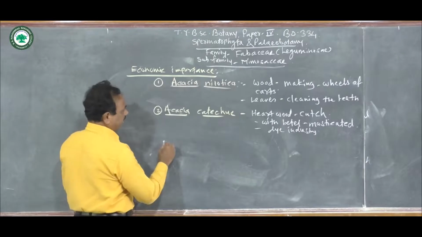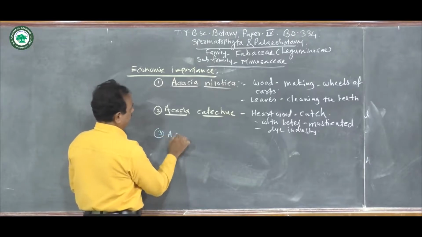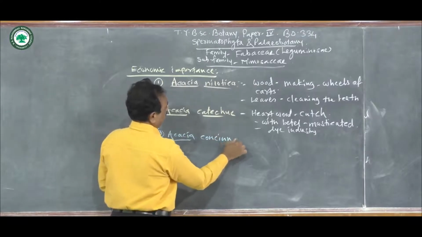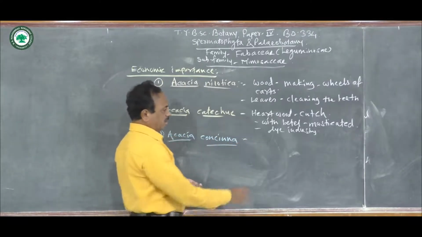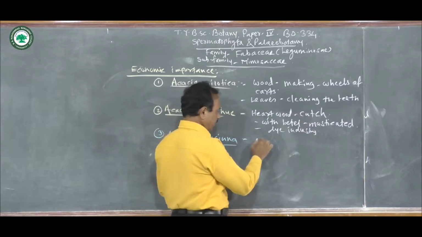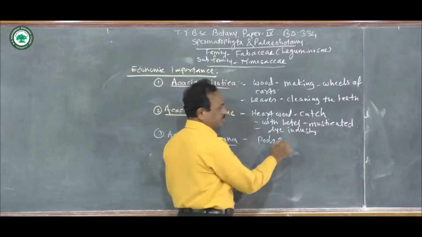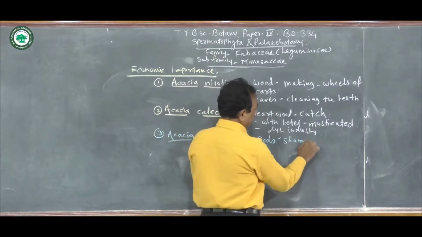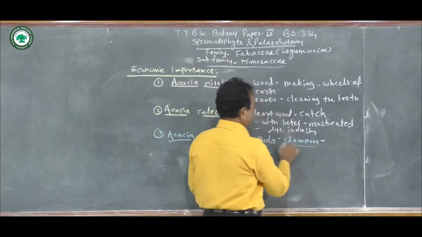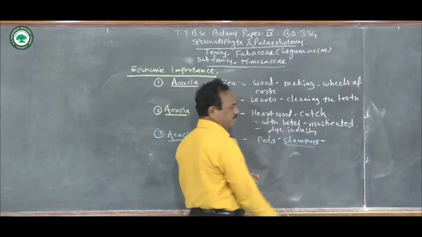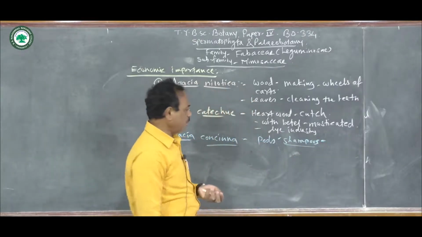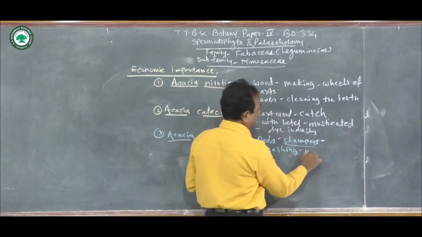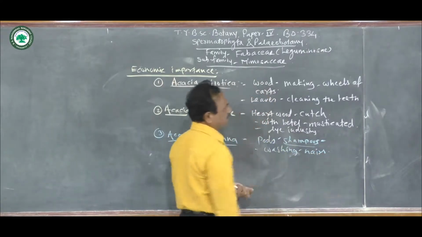Then the next plant is Acacia concinna. From the pods of this plant, different types of shampoos are manufactured, and these pods are also very commonly used for washing the hair.